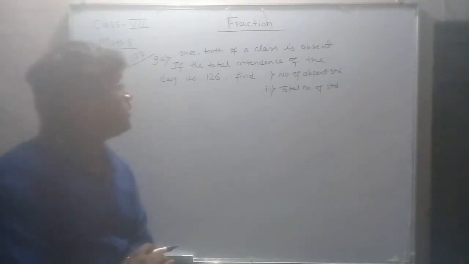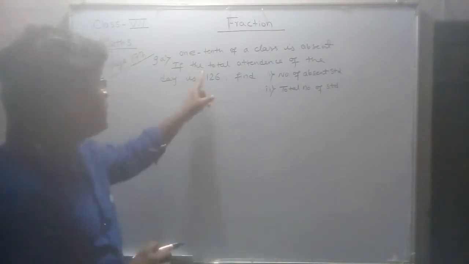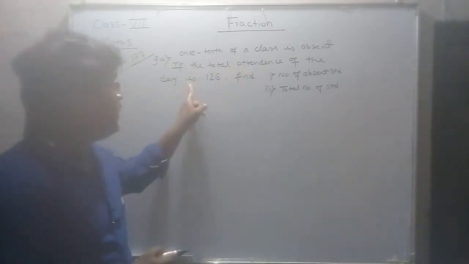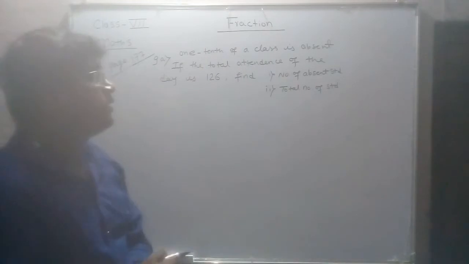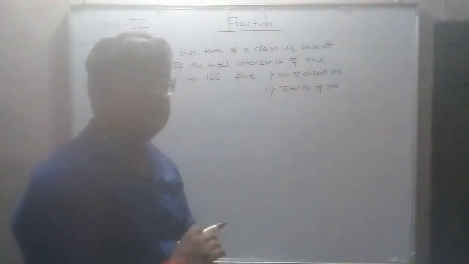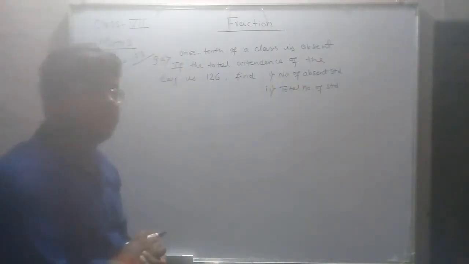So 1/10 of a class is absent, and if the total attendance of the day is 126, find the number of absent students and total number of students.